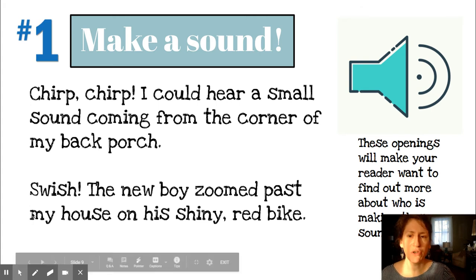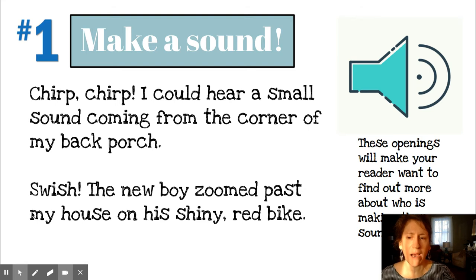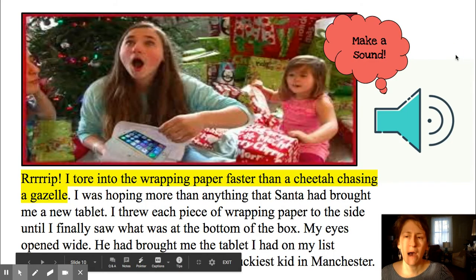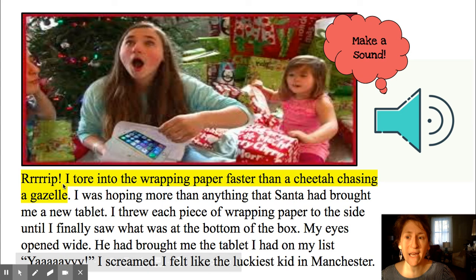Swish. The new boy zoomed past my house on his shiny red bike. Want to find out more about the new boy. In the example that I gave you last time, I started off with the sound on this one. Rip! I tore into the wrapping paper faster than a cheetah chasing a gazelle. Okay, so number 1, make a sound.